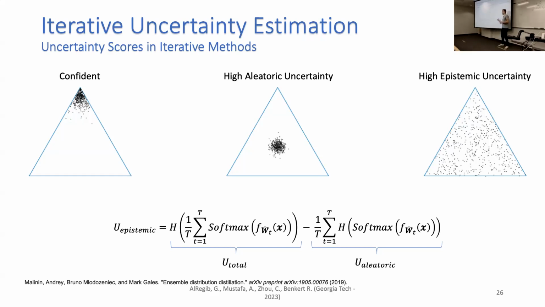I'll go into detail in a moment of the different components of these equations. But what this captures is aleatoric uncertainty. It's capturing the mean of the different entropy values that we're getting from our output softmax, which at the end gives us aleatoric uncertainty. And the total uncertainty is basically the entropy in this prediction. I'll go into detail in this in a moment.